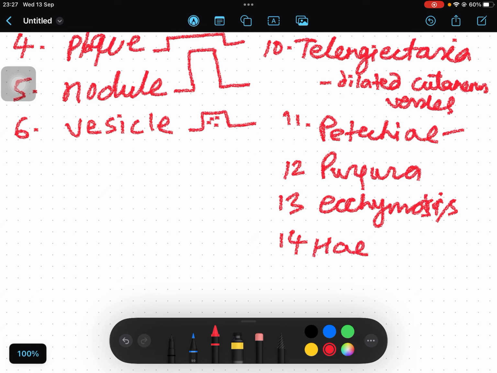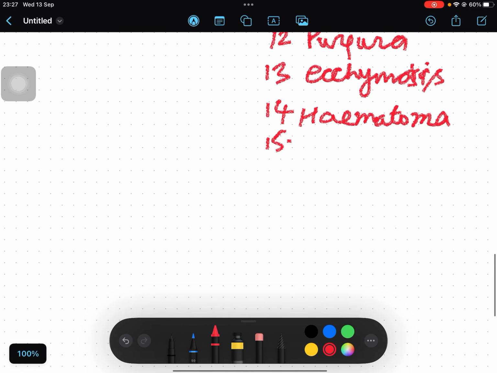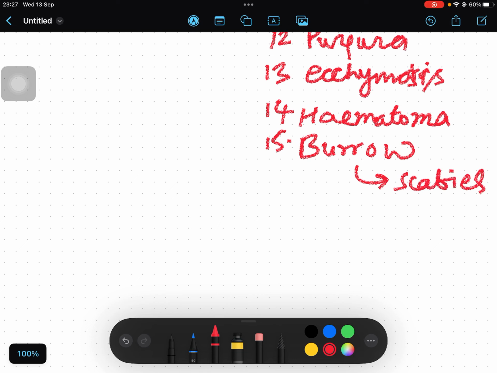Even hematoma, that is a collection of blood, can be called a primary skin lesion because it is part of the disease process. The other primary skin lesion is burrow. Burrow is seen in case of scabies. And the last one is comedone.